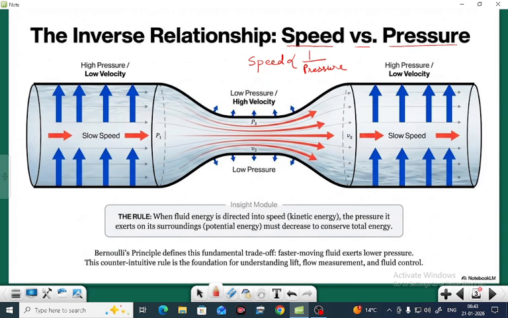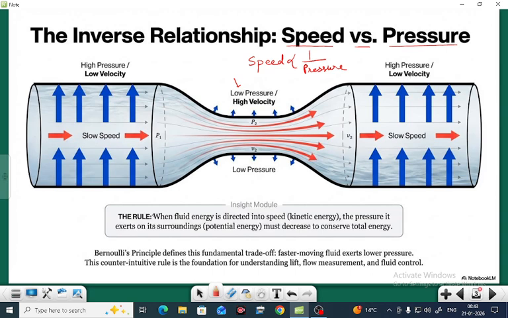That means when the speed is more, pressure will be less, and when the speed is less, pressure will be more. You see here what we get: high pressure, low velocity, slow speed. And here you see high velocity, so it creates a low pressure zone in this area. Here also you see slow speed, so it is a high pressure zone.